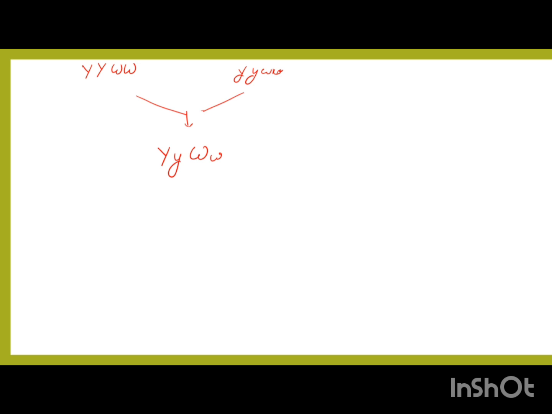And this will be selfed for the second generation. So when we self it, what we get is the ratio of 9 is to 3 is to 3 is to 1. This we'll get with the help of the Punnett square.